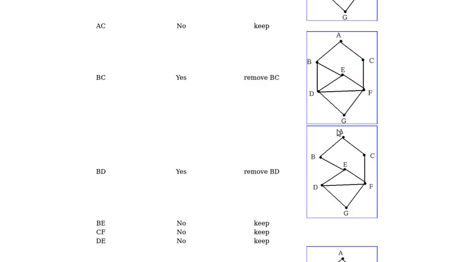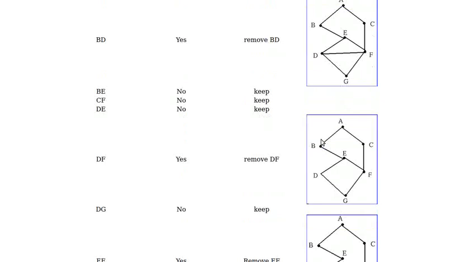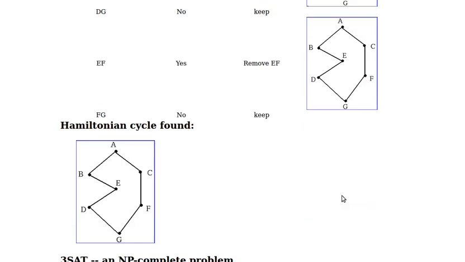Next we remove BD. HAMD says yes, so we remove it and this is the remaining graph. This process continues iteratively, assessing each edge based on HAMD results. The remaining graph is the Hamiltonian cycle as shown in this figure. So HAM and HAMD are equivalent as they can be reduced to each other.